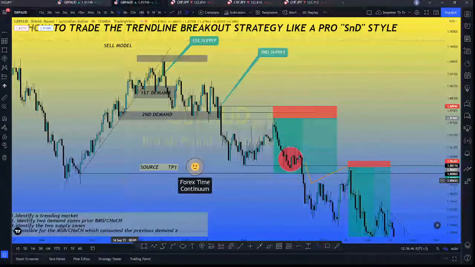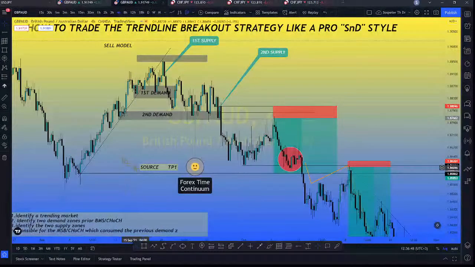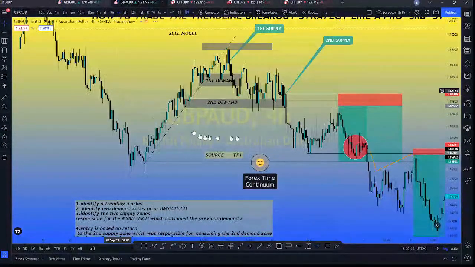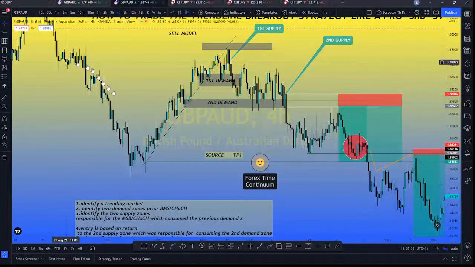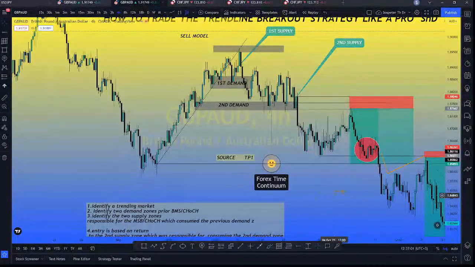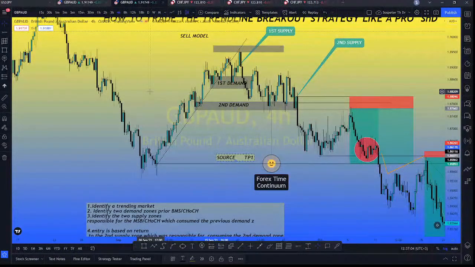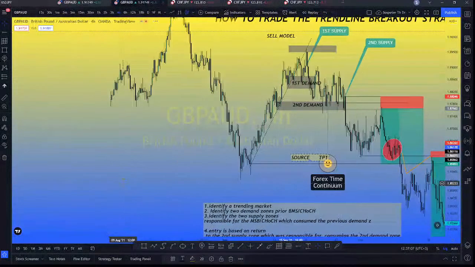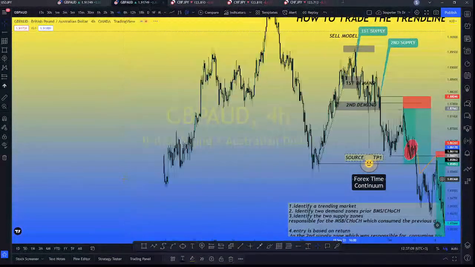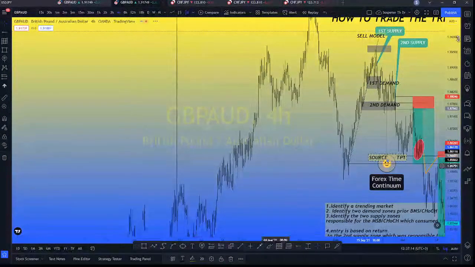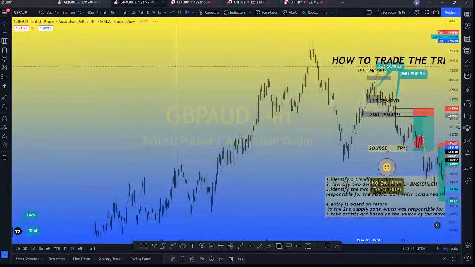I think we have looked at that one. So about take profit, you have to wait for the price to touch your source. Is it not moving now? I think I had another example on this GBPAUD.